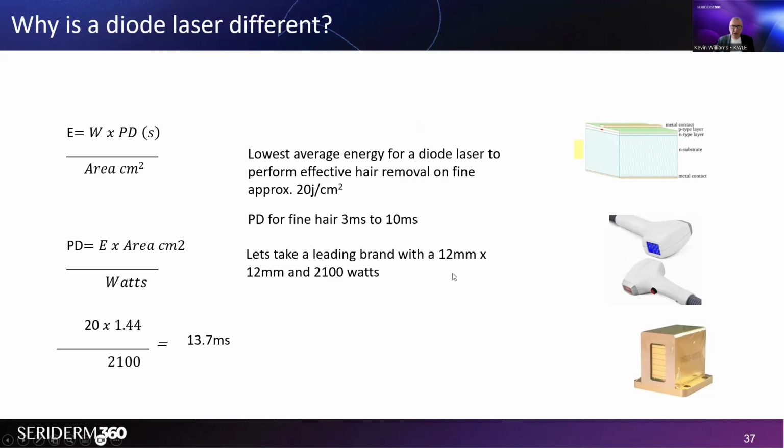So these are low energy devices. Now, someone said, well, I've got a machine which is 4,200 watts. And I've done a whole course and I've got another one coming up on diode lasers. But my 4,200 watts, if that's over a spot size which is twice the size of 12 by 12, then it's going to work out at the same calculation. So typically, these are low energy devices, so they've got some limitations. So just be aware of that.